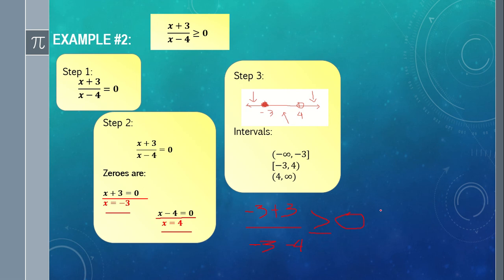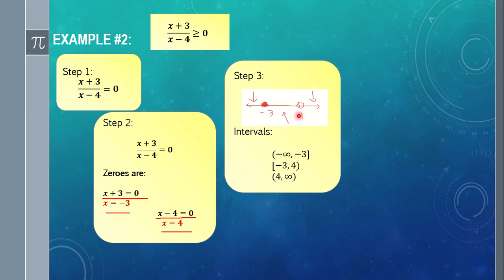Negative 3 plus 3, that is 0, over negative 7 is greater than or equal to 0. So that's going to be 0 is greater than or equal to 0. Since this is true, therefore negative 3 is part of our solution. That's the purpose of having a shaded portion in our interval here in the number line. That's why the negative 3 here is not hollow but shaded.